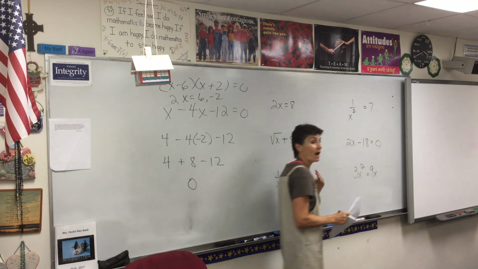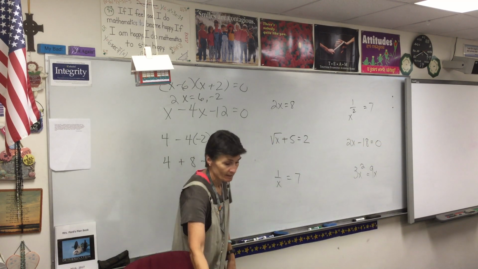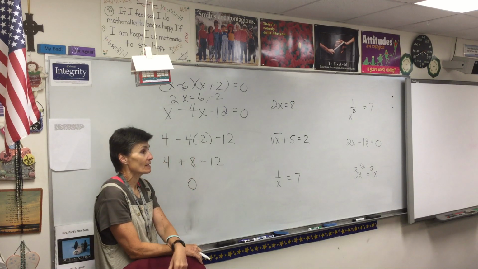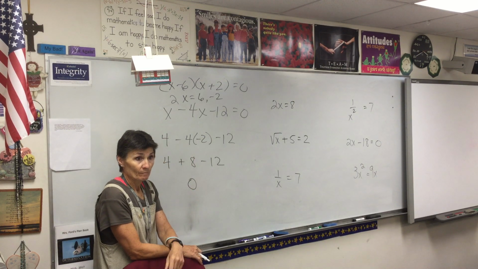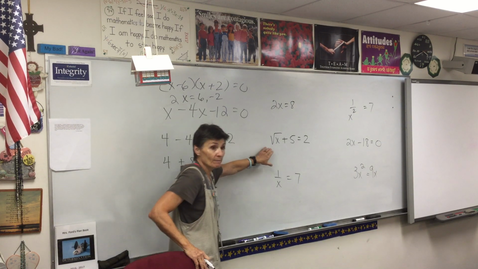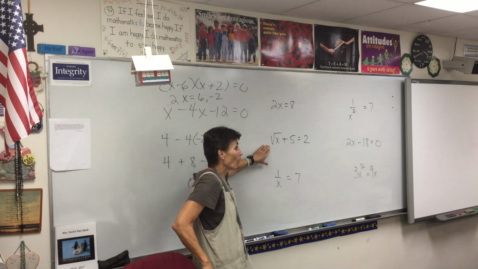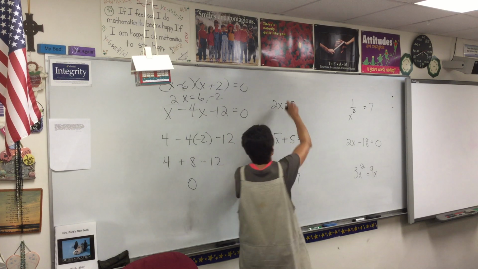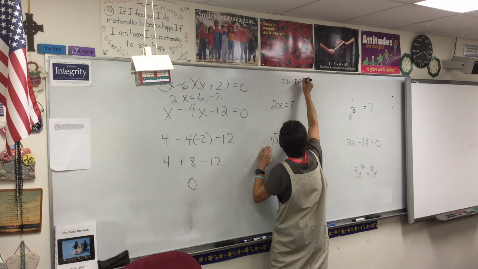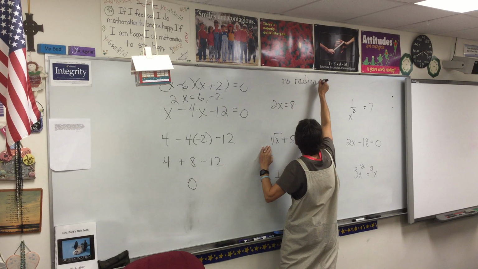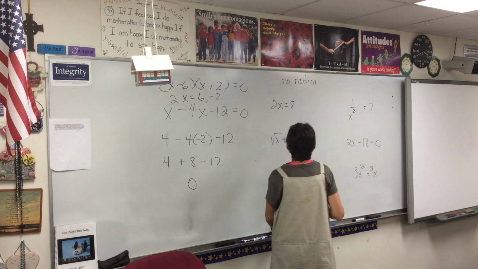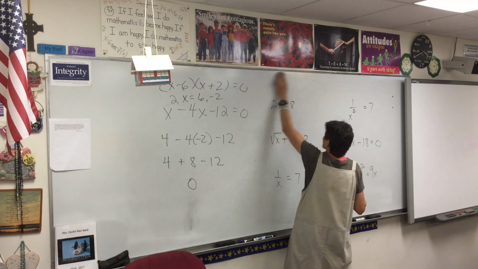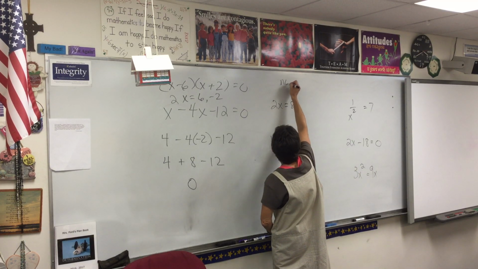Are any of these not linear? Can you immediately discount some of them as being not linear? That second one? This one right here? Yeah. Okay, he's right. What makes this one not linear? Can't have a radical. So if you're going to be linear, you cannot have, well, I shouldn't say no radicals. I should say no x under a radical.